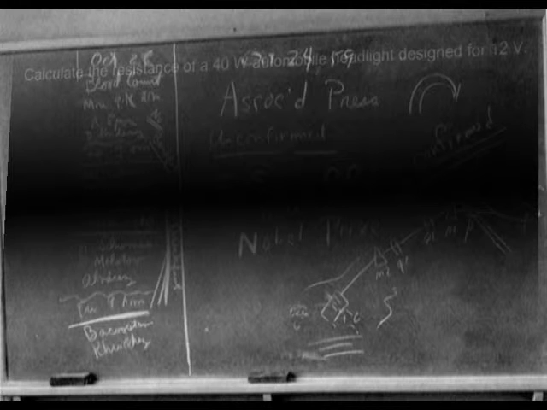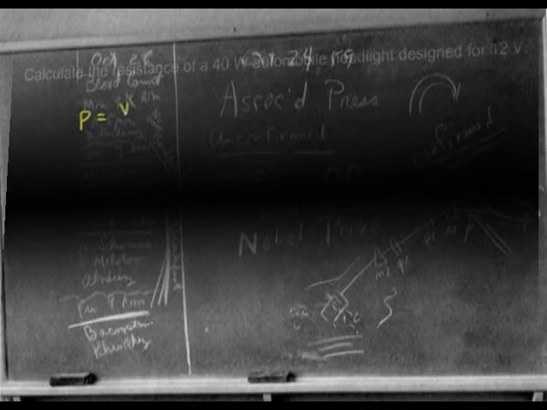Now here's a simple example. Calculate the resistance of a 40-watt automobile headlight designed for 12 volts. And 12 volts typically is the voltage for electrical systems in an automobile. Well, in this case, we're given the power. 40 watts right there is the power. And we're given the voltage V. And we're trying to find R, so we're going to use the equation in this form.